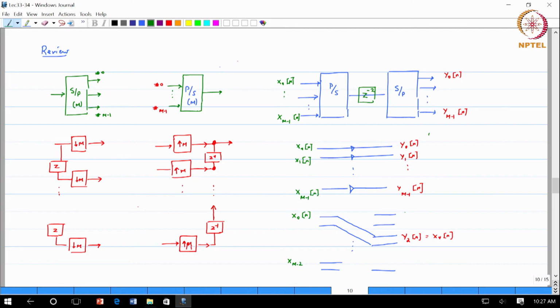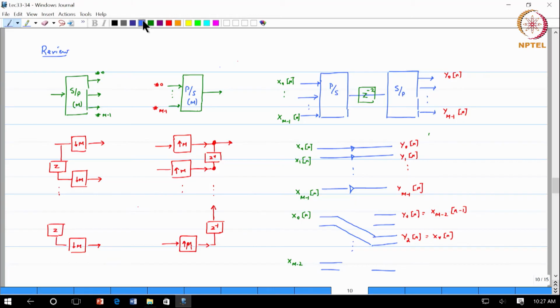So, this one will be, sorry, I will use the red color, this one will be y0 of n is actually equal to x of m minus 2, do not forget the delay, there is an n minus 1.